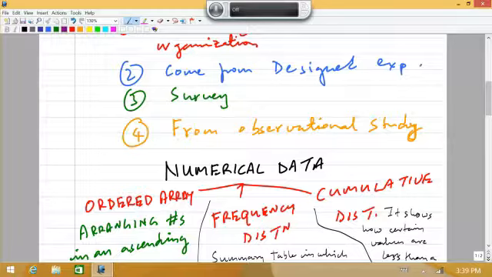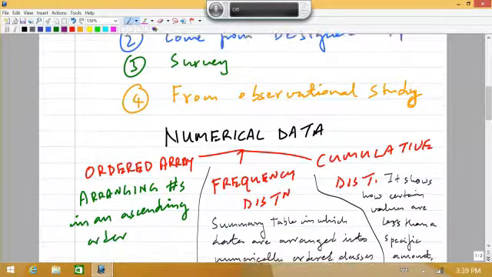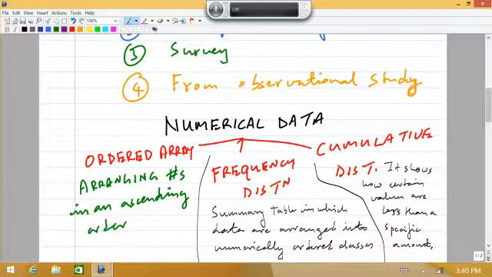So that's one way we can organize data. The other very popular way of construct is using frequency distribution. Frequency distribution is very popular. What we do with that, we provide a summary table in which data are arranged into numerically ordered classes. That's the second popular type.